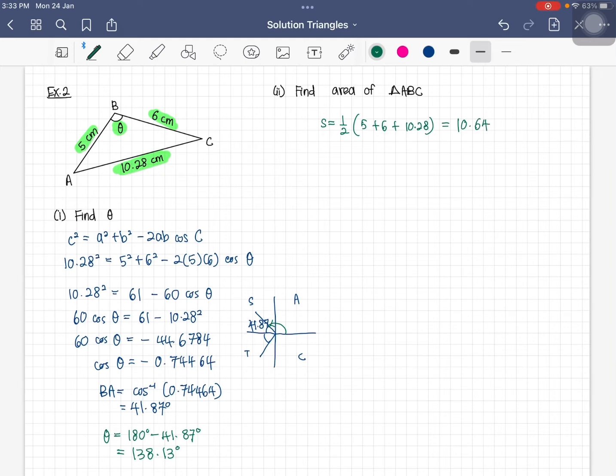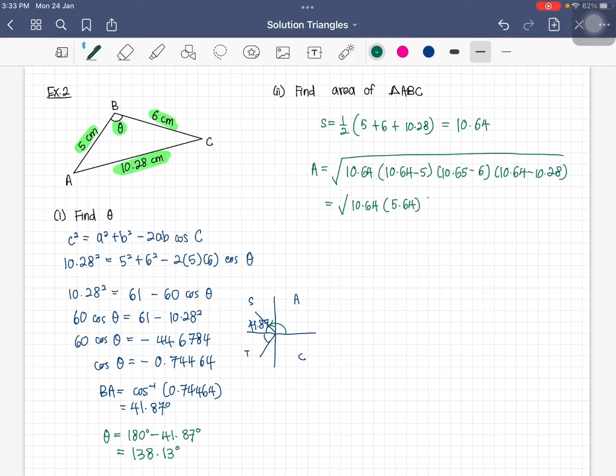So next is to find the area using Heron's formula, which is the square root of 10.64 times 10.64 minus 5, times 10.64 minus 6, times 10.64 minus 10.28. Therefore, we can simplify the one in the square root: 10.64, and then we have 5.64, and then we have 4.64.